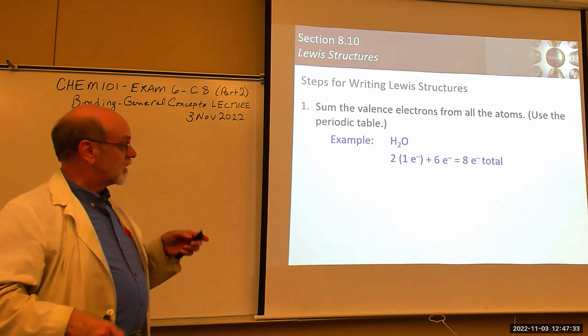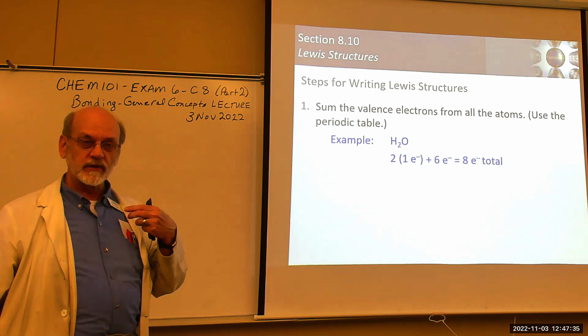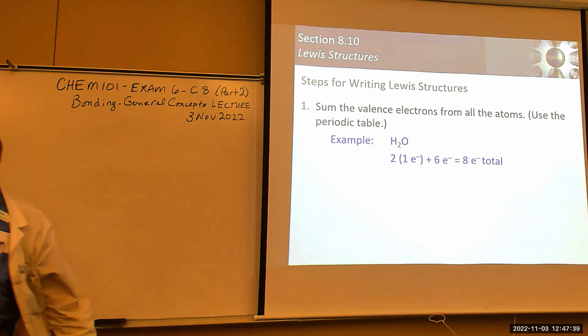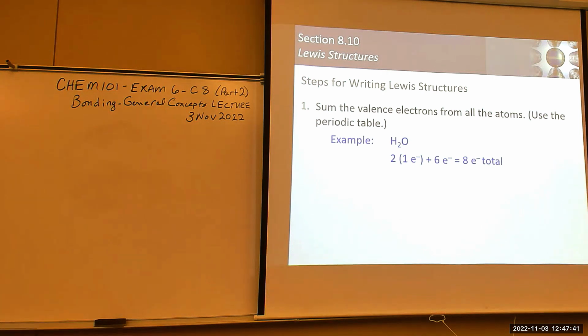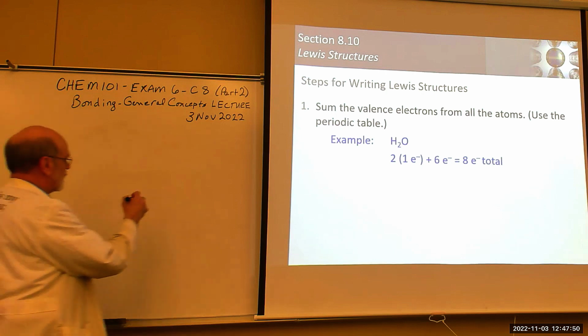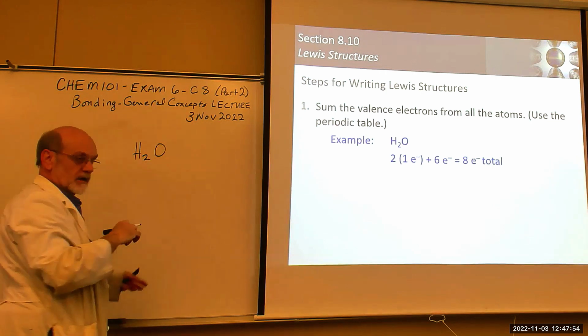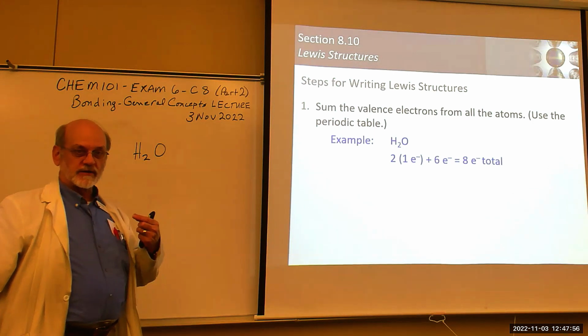So with water, you add up the total number of valence electrons. I guess I better do that. Is there an animation for that one? No, okay, so I will draw it. So if we're going to have this molecule, you count the number of valence electrons.